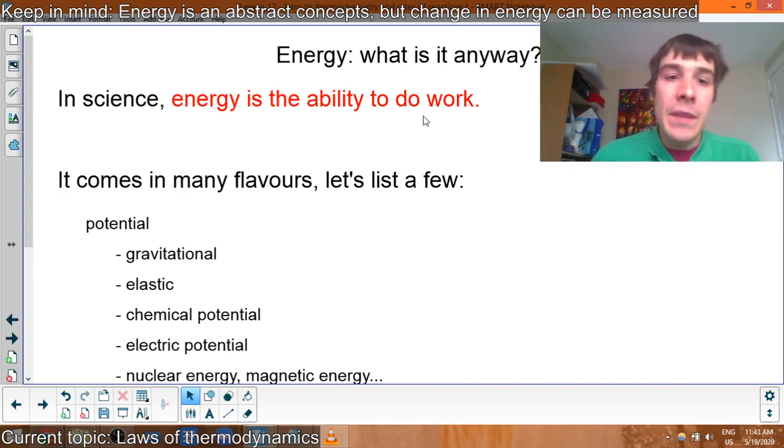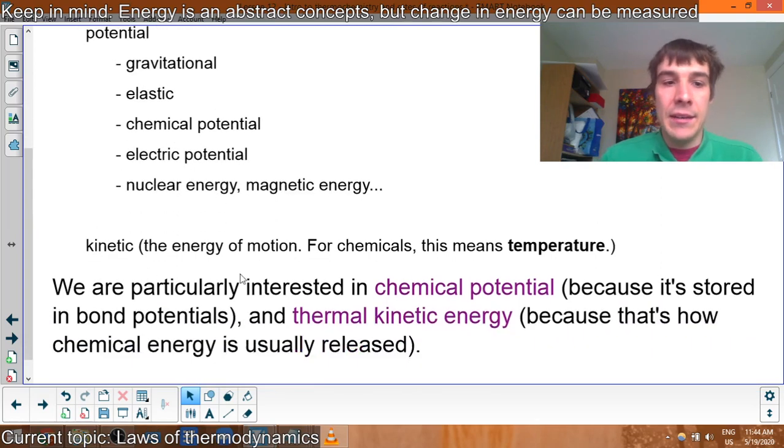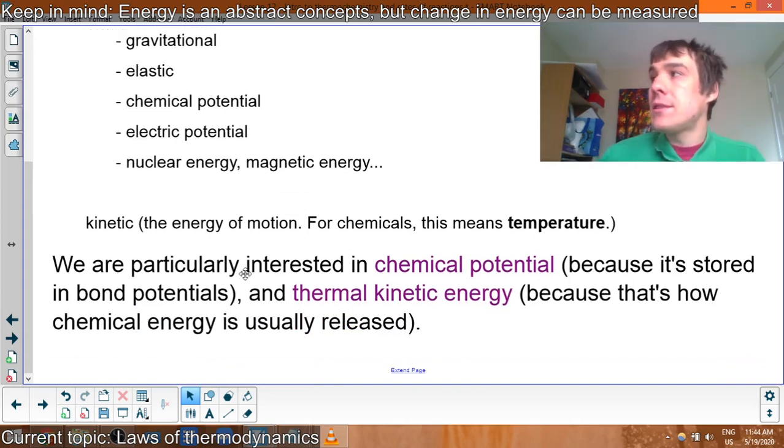There's a bunch of different kinds: gravitational, elastic, chemical potential, electric potential, nuclear, magnetic, kinetic, right? Kinetic energy, which could be temperature. We're particularly interested in chemical potential energy, because it's stored in bond potentials. It's stored in what kind of bonds you can make. We'll get into that in a couple of videos. We'll talk about bond energies.